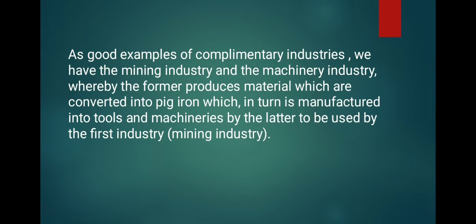A good example of complementary industry is the mining industry and the machinery industry, whereby the former produces the material which is converted into pig iron, which is in turn manufactured into tools and machinery to be used by the first industry.